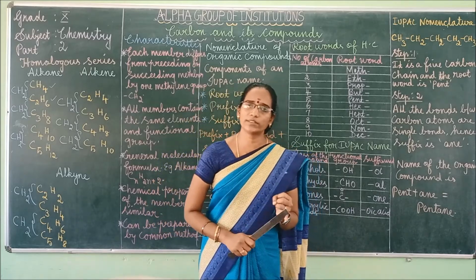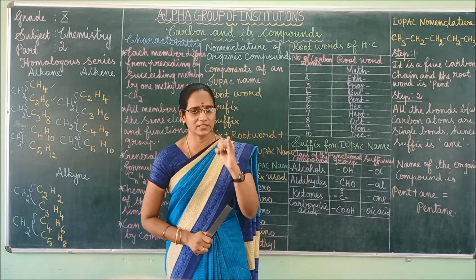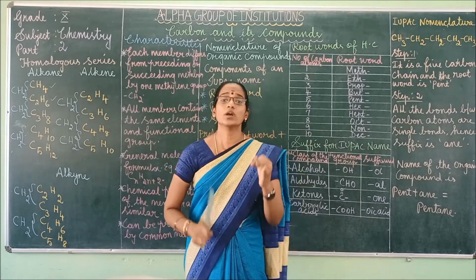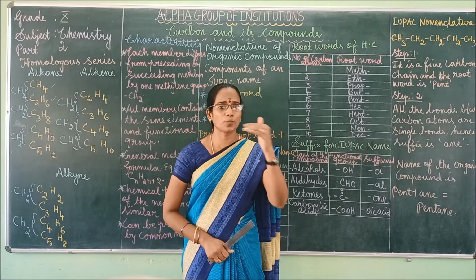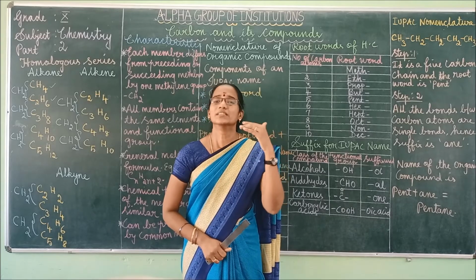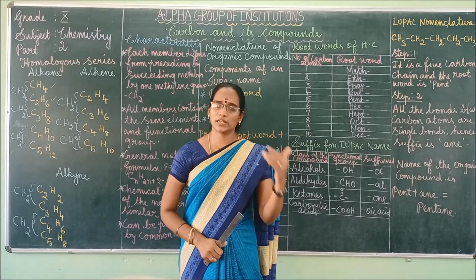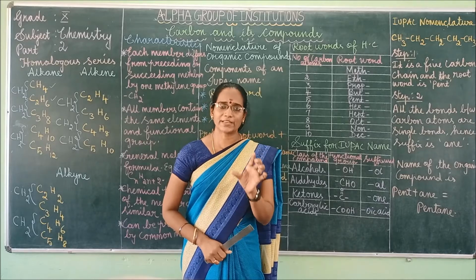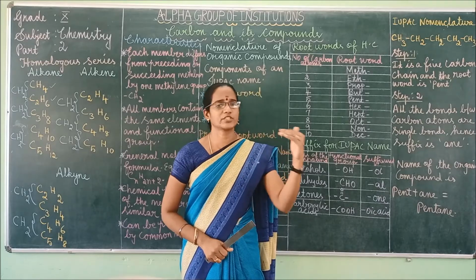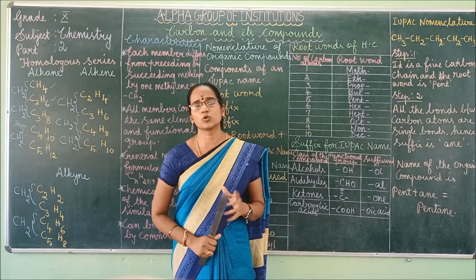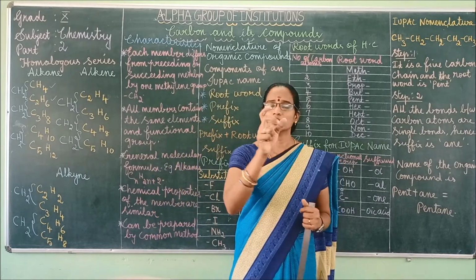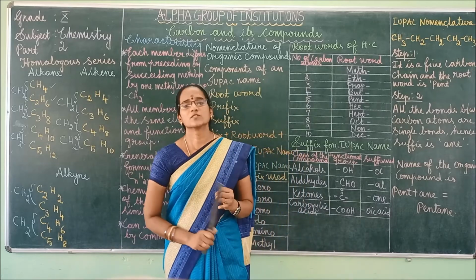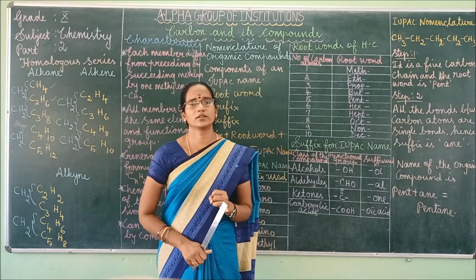First, we have to count the number of carbon atoms in the parent chain of that compound. Next, we have to give the lowest possible number, called the locant number. In a particular compound, if both substituents as well as functional groups are present, then we have to give preference to the functional group.